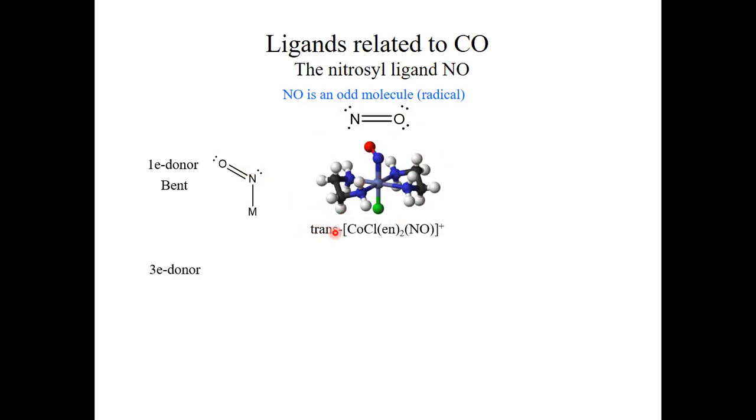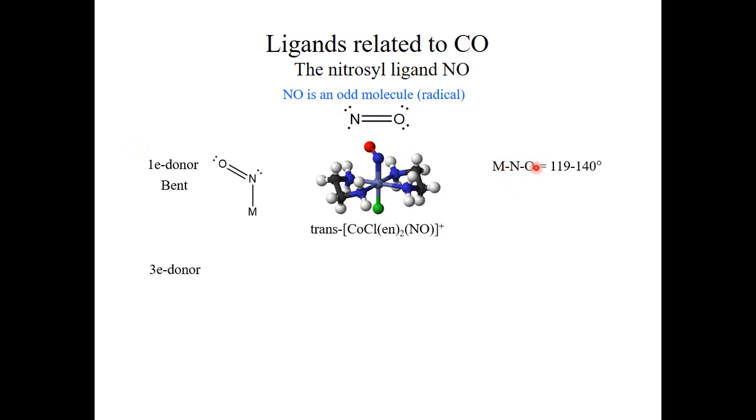So you have a complex called trans. Let's see just the nomenclature. Chloro, bis, ethylenediamine, nitrosyl, cobalt plus. And you see here in the structure that the nitrosyl ligand binds in the 1 electron donor fashion.